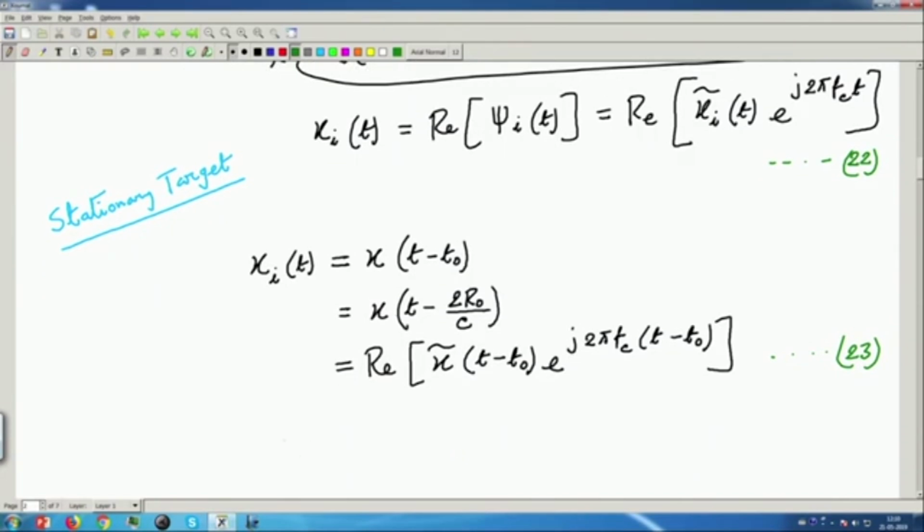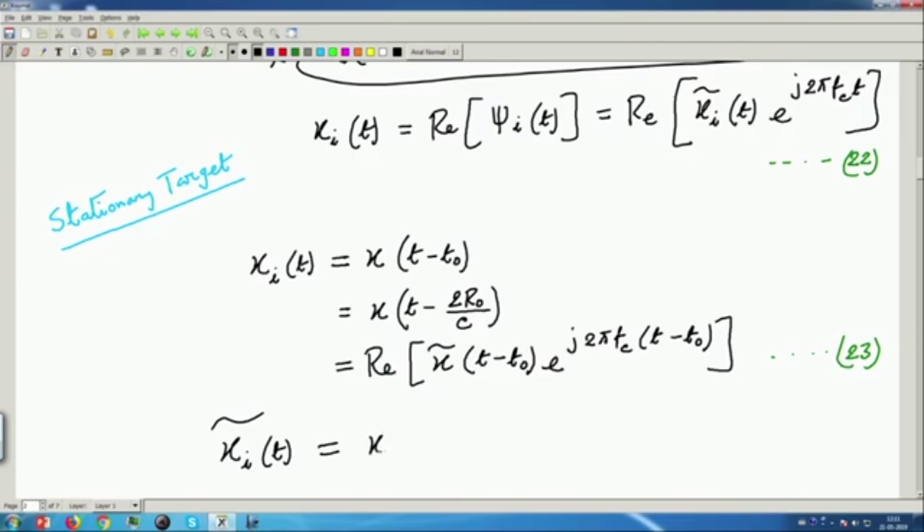So, we can now say that what is the complex envelope for the received echo. So, I can say that, just look at here. So, complex envelope of the received echo is what?